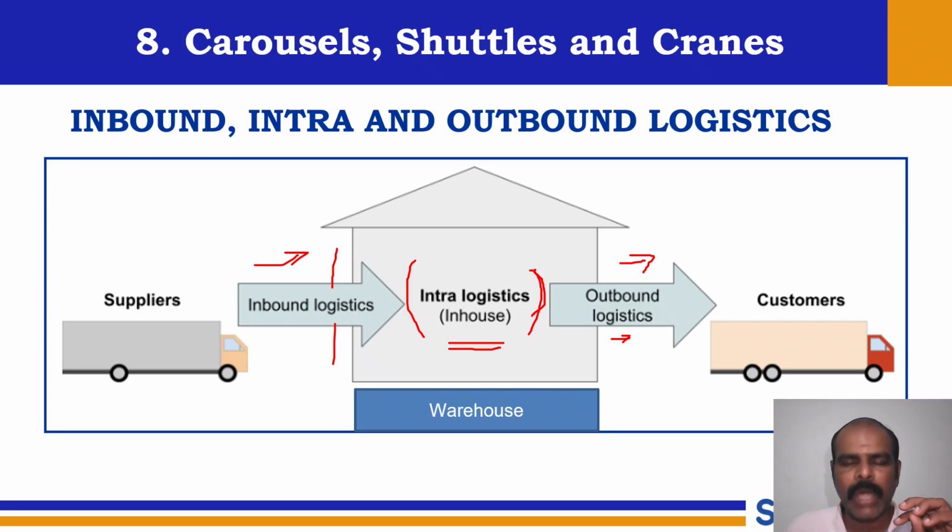It is going to work completely within the warehouse. Therefore intra logistics is going to be the core plot around which we are going to revolve. Students, I hope I am clear with this concept. Whatever material handling systems we are going to talk about is going to completely govern with respect to intra logistics. So this is what you need to register properly inside you.